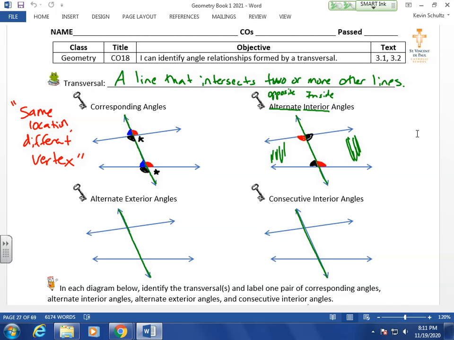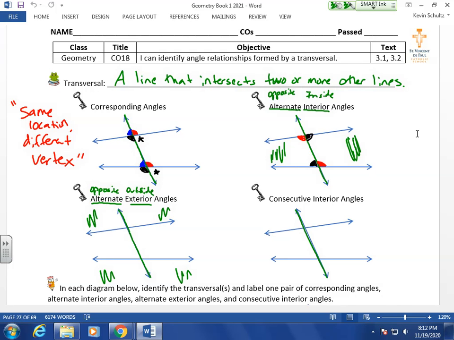The third one here, alternate exterior. The word alternate, we can still think of it as meaning opposite, but now the word exterior means outside, right? Just like we saw with the exterior angle theorem, it was on the outside of the triangle. Now our angles are going to be outside of our lines being intersected. So rather than in between, it's going to be this area out here and that area out there, right?